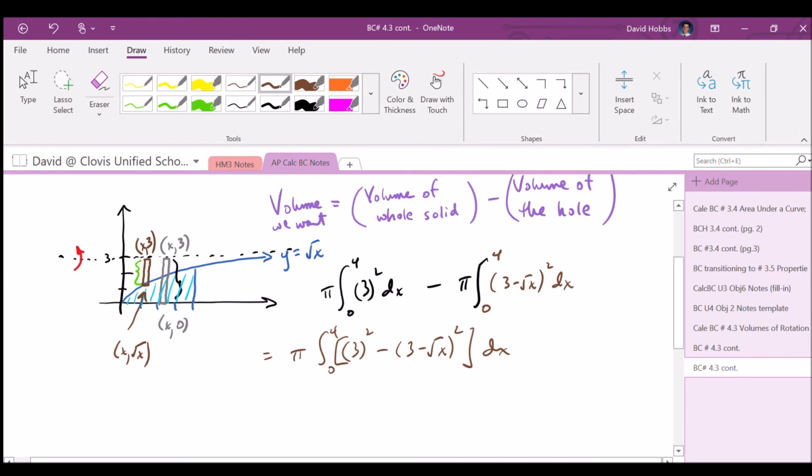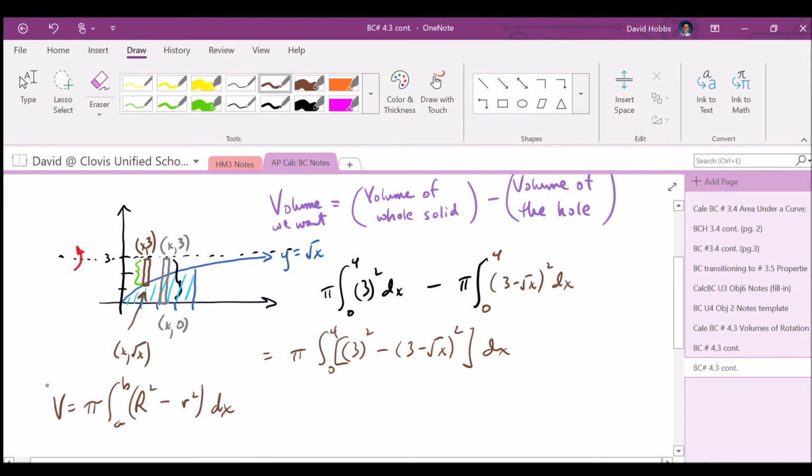When we have this sort of situation, it's like we're drilling out a hole. It's the volume of the whole thing, and then we drill out the hole in the middle. So that volume is going to be pi integral of the big radius squared minus the little radius squared, with respect to x or with respect to y.